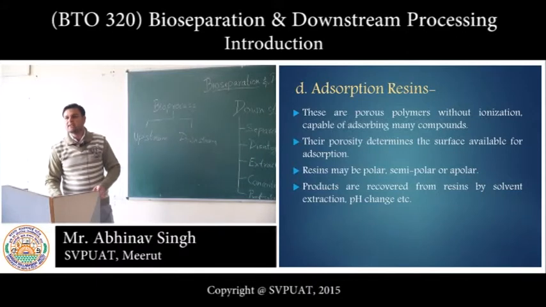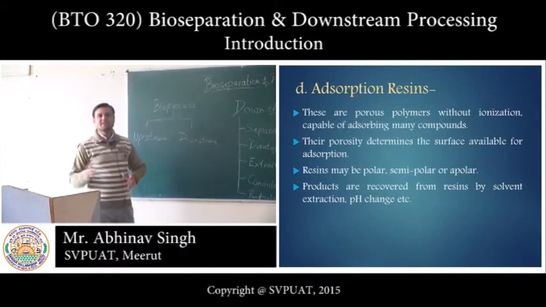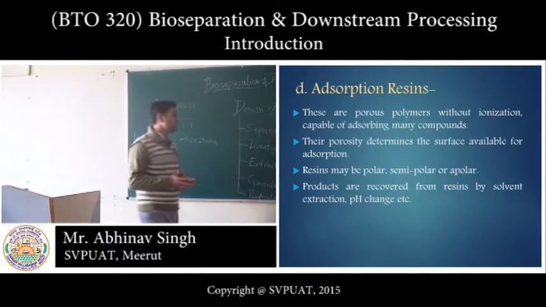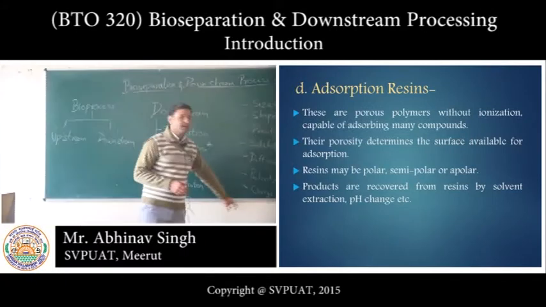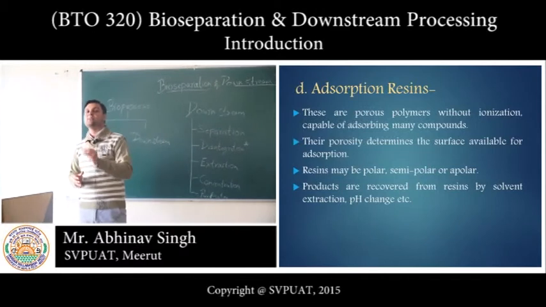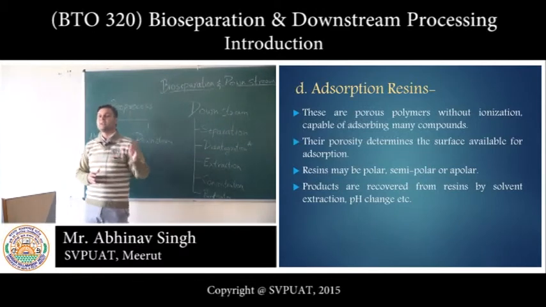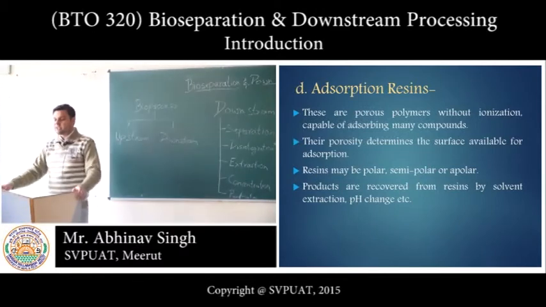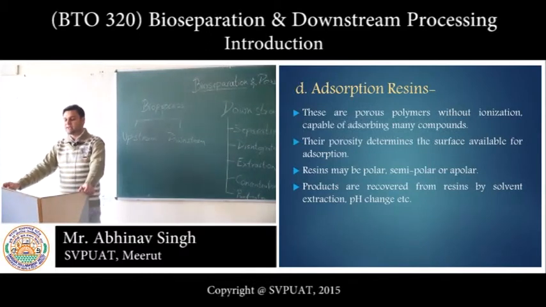The next are the adsorption reagents. These are similar kinds of reagents, but they do not use the charge. Instead, they use the sorbity, that is the adsorption capacity of that particular substance. So these are porous polymers without ionization, which are capable of adsorbing the material to themselves.